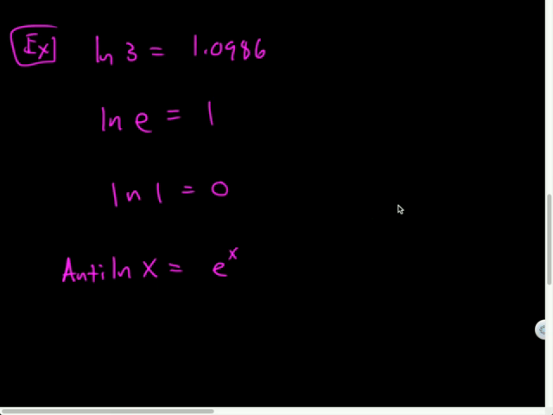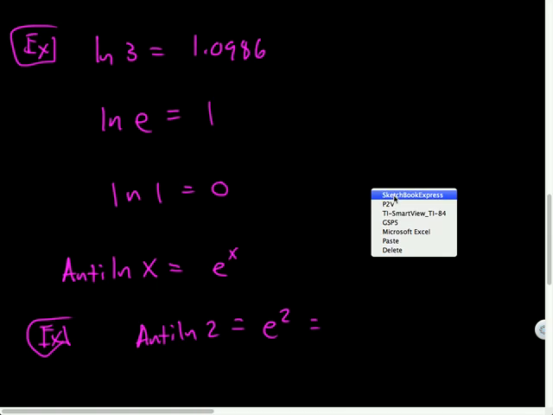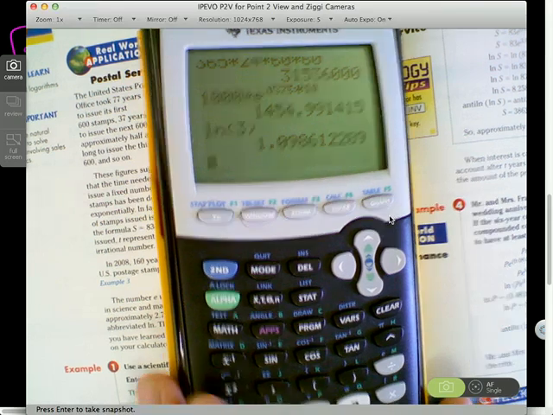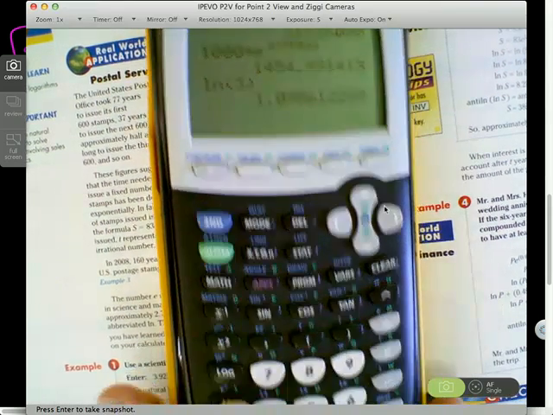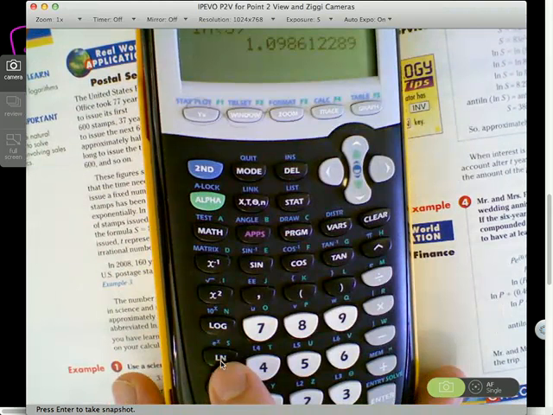So anyways, if I wanted to calculate the anti-ln of 2, that is the same as e to the second. Notice that the inverse is right above the ln button, right?